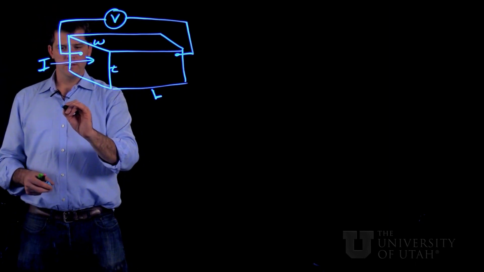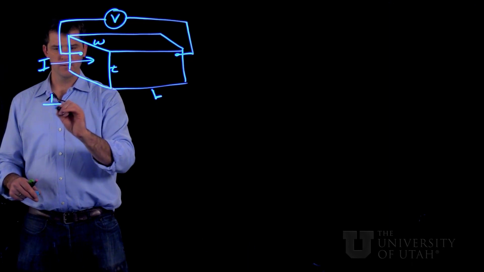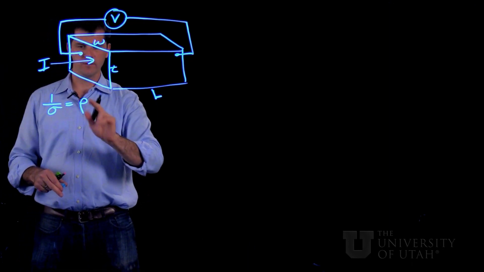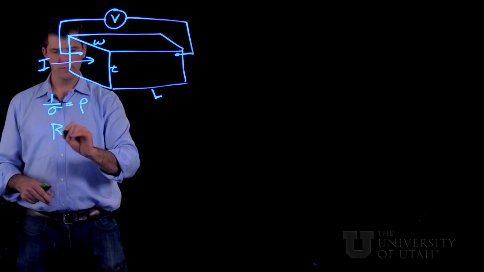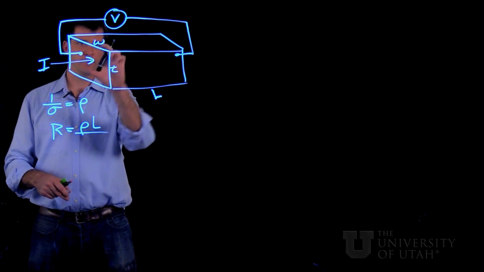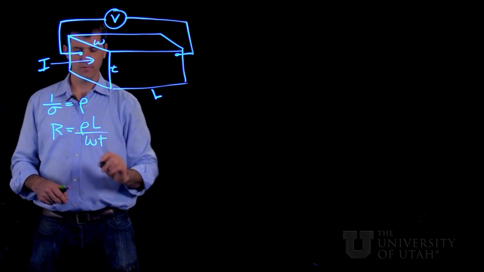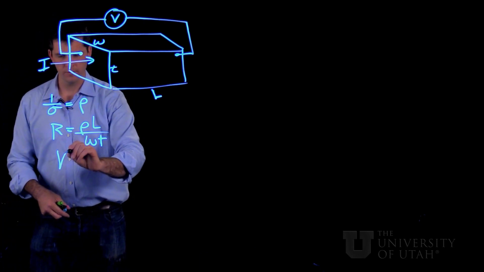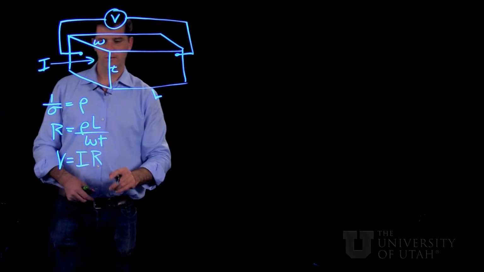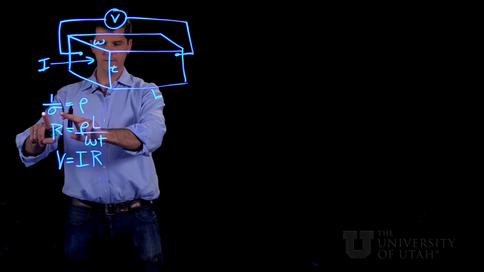And to determine the resistivity or conductivity, we'll remember that 1 over the conductivity is the resistivity, that the resistance is rho times L over the cross-sectional area, which in this case is W times T. And then we'll use Ohm's law to determine our resistivity and then solve for the conductivity.